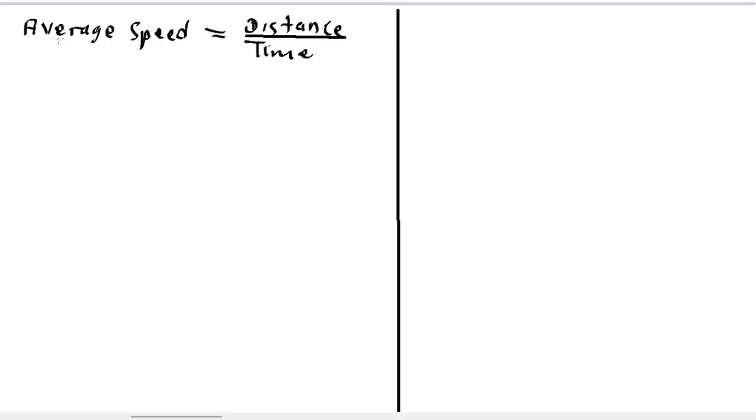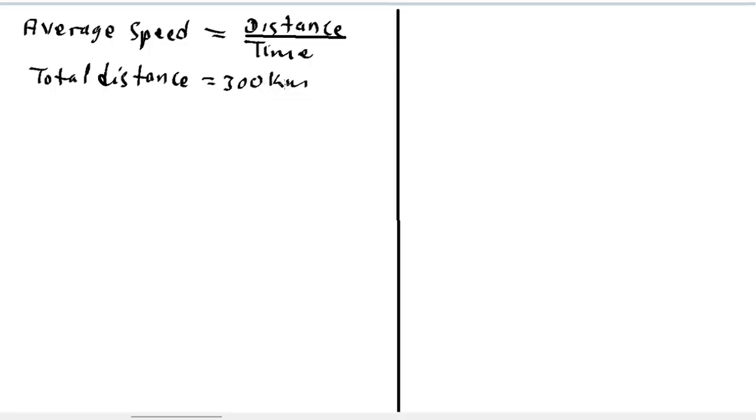So to get the average speed of the bus throughout the entire journey, we need to divide the total distance of the journey by the total time used to cover the entire distance. In this case, we know that the total distance of the journey is 300 kilometers. So we have total distance equal to 300 kilometers. Then total time.